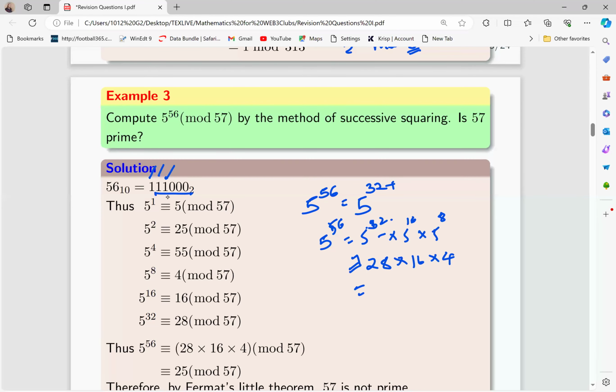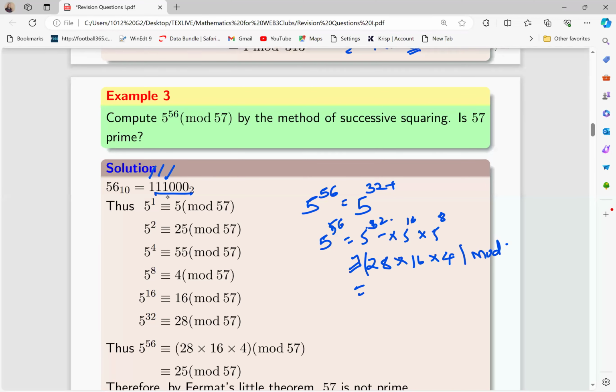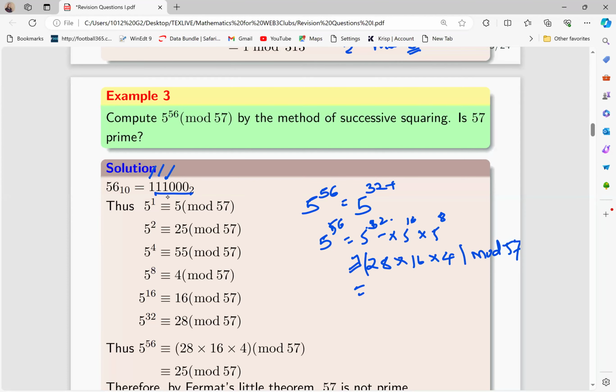Okay, 28 and 16 times 4. I hope you follow what he has been saying. He has said it is using the binary number there to pick from the bottom the ones that are ones. So it's multiplying.